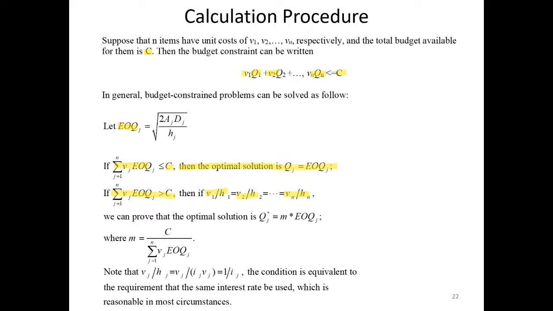If that's the case, then we can prove that the optimal solution is to calculate Q star as M star times EOQ for each stock keeping unit, where M is simply the ratio between the capacity or the monetary value available divided by the summation of V times EOQ.